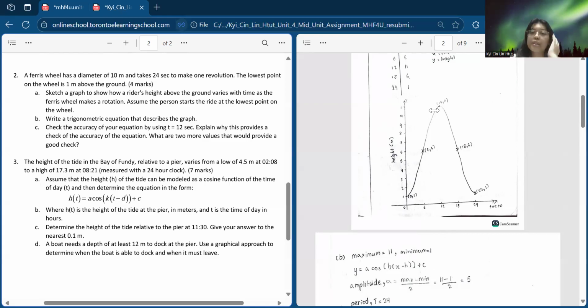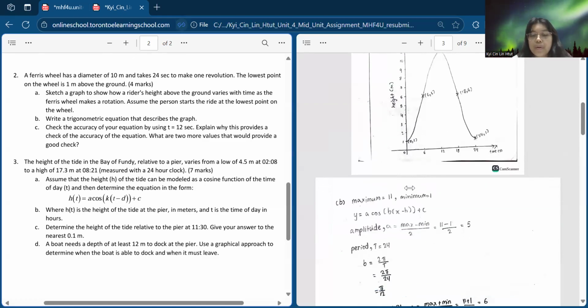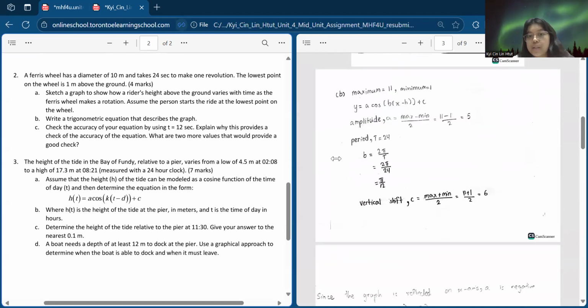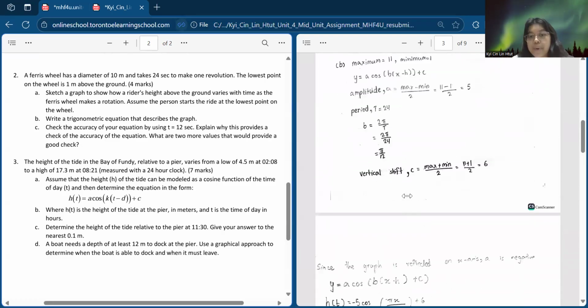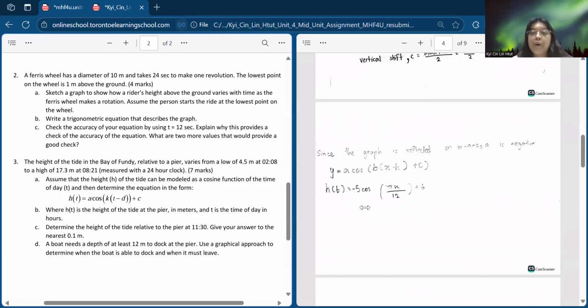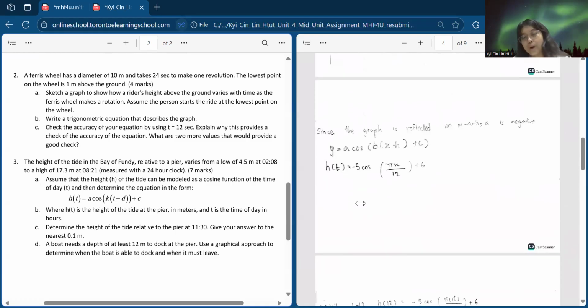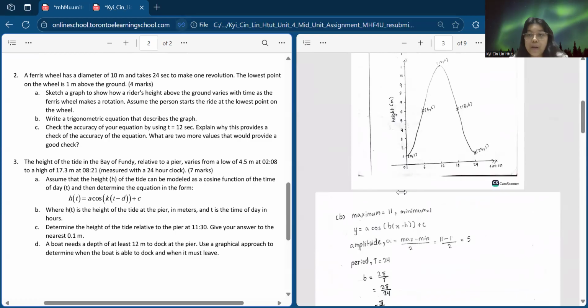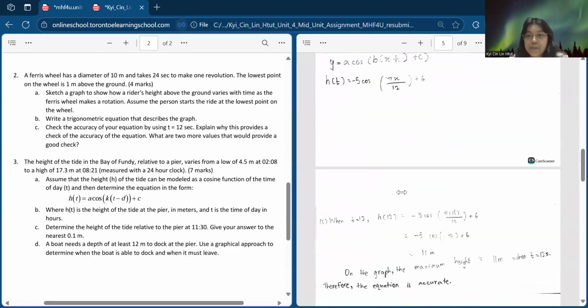So I don't use the horizontal shift method anymore, and I use the reflection method more, which is why I wrote, since the graph is reflected on the x-axis, A is negative. So when I substituted all of these numbers into the letters, I wrote -5 because I treat the graph as reflected, because as we know, a cosine graph has to start at the maximum, but this started at the minimum. So I assume that it was reflected.